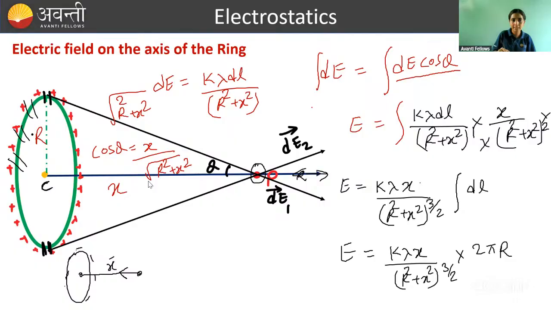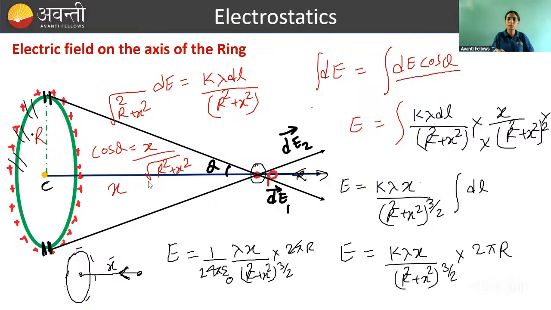You will say the direction of the electric field is like this, and for the value, break k into 1/4 pi epsilon naught for vacuum: lambda x divided by (r square plus x square) to the power 3/2, into 2 pi r. The 2 will get cancelled, so the answer will be lambda x r divided by 2 epsilon naught into (r square plus x square) to the power 3/2. You can write it in whatever way you want. So this is the value of electric field that you are going to get.